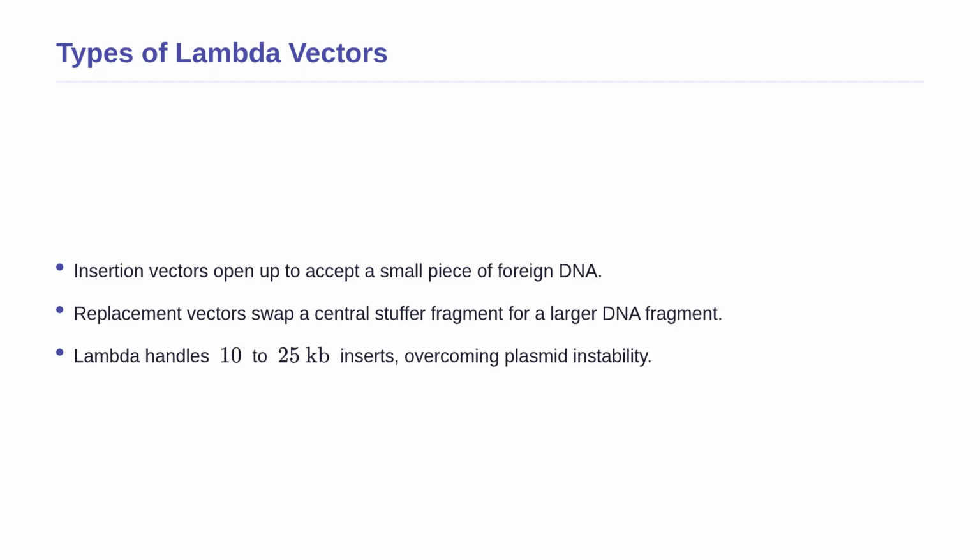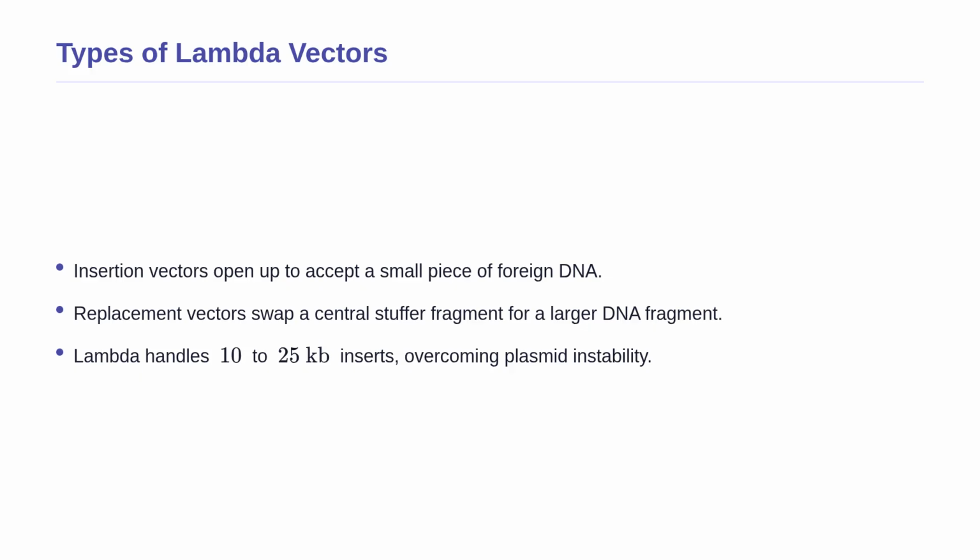Knowing how the genome is structured leads us to how we actually use it in the lab. To use Lambda as a cloning vector, we genetically modify it to remove non-essential genes, creating physical space for foreign DNA. We use two main types: insertion vectors, which simply open up to accept a small piece of DNA, and replacement vectors, where a central stuffer fragment is swapped out for a much larger foreign DNA fragment.